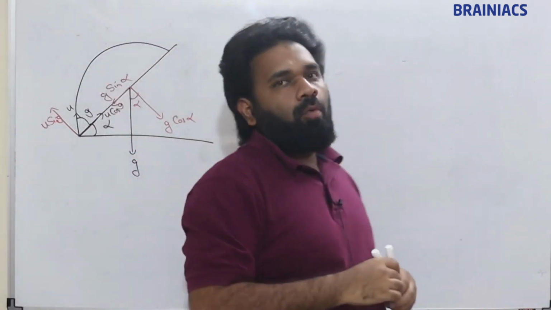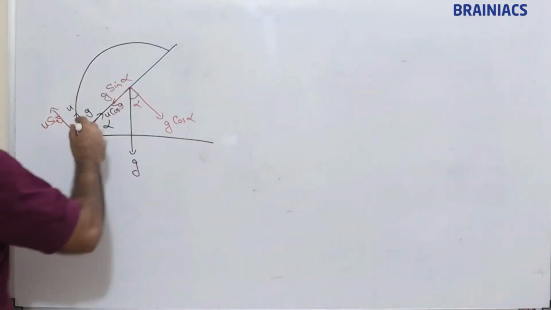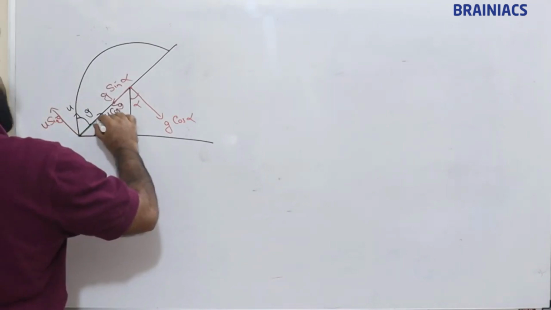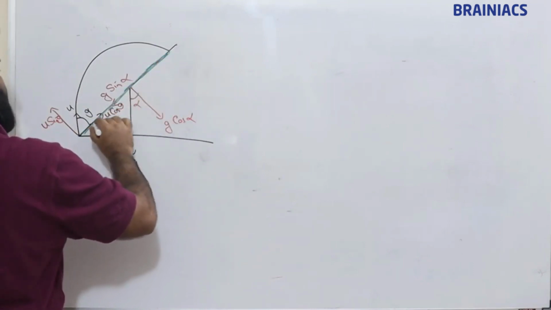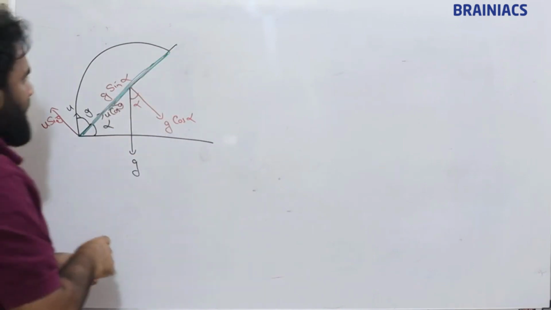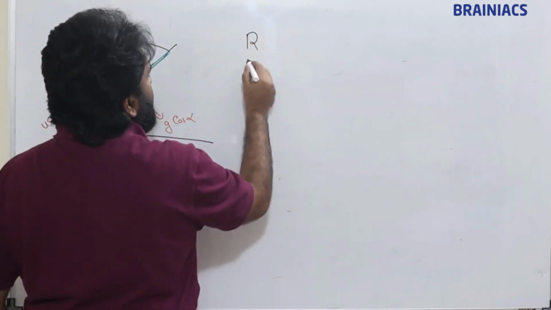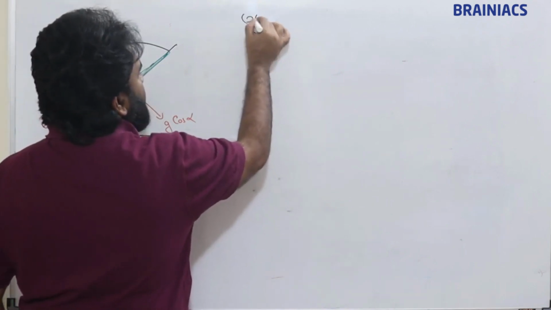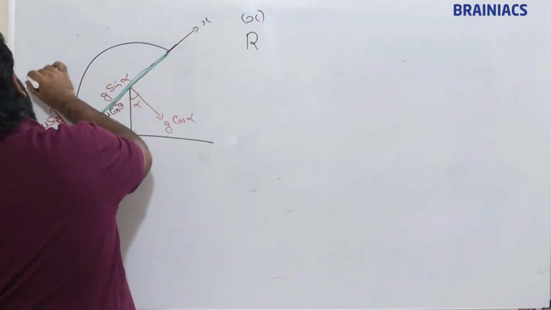Okay, now what is range? Range is this distance. This distance is what is range, correct? So that distance, range, is actually along the x axis. This is x, this is y.